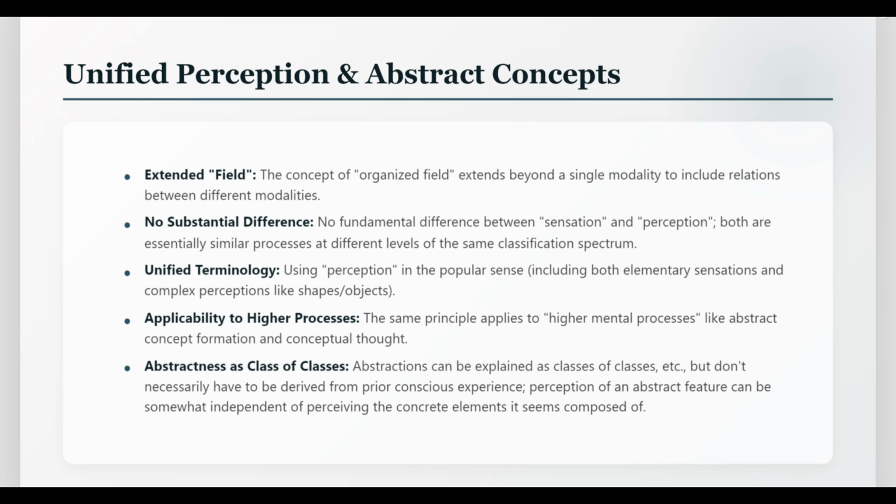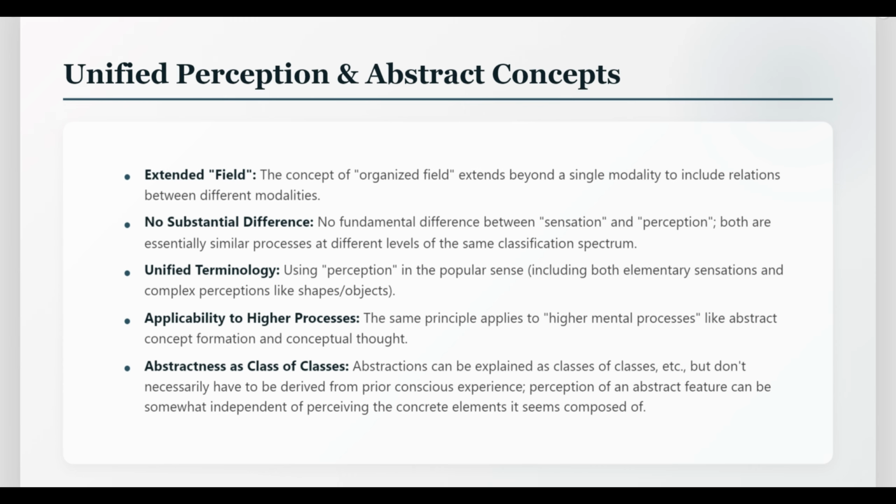The idea extends beyond just Gestalt figures. We can broaden the concept of an organized field to include relationships across different senses, like sight and sound. This leads to a blurring of the line between sensation and perception. Both are essentially the same process, just operating at different levels of abstraction within the same classification hierarchy.